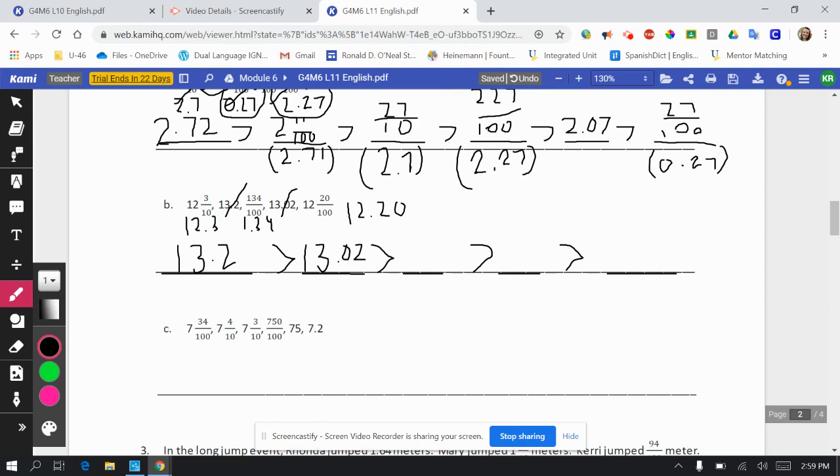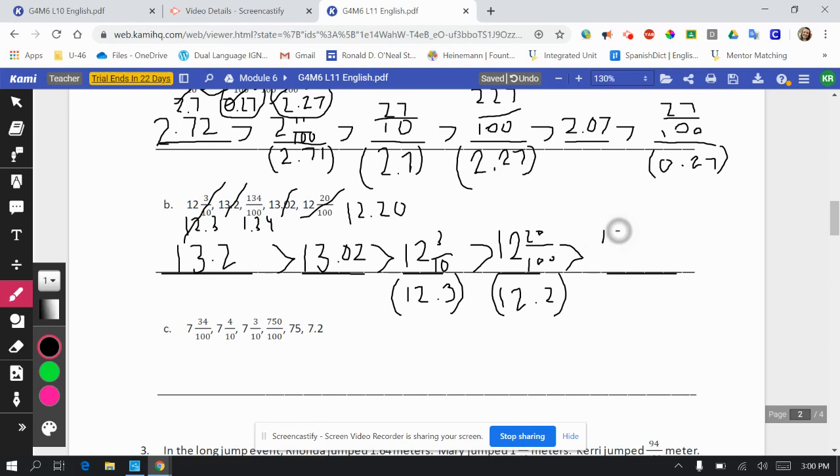There are no more 13s, so now I'm looking at the 12s. 12 and 3/10, because we can say that 12.3. And then 12 and 20 hundredths, because we would say that 12.2 or 12.20. Last but not least, 134 over 100, which in standard form is 1.34.